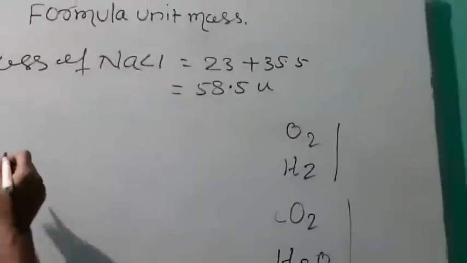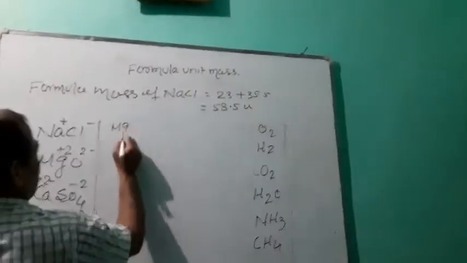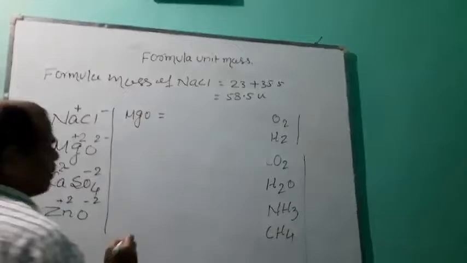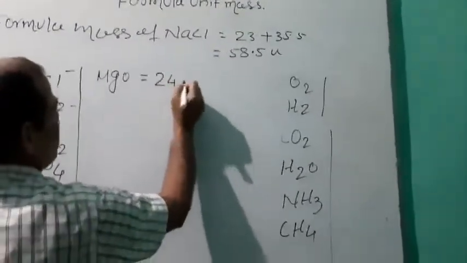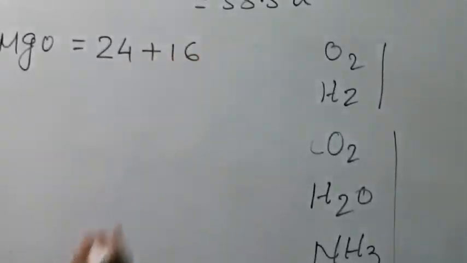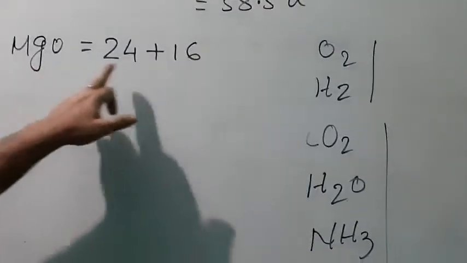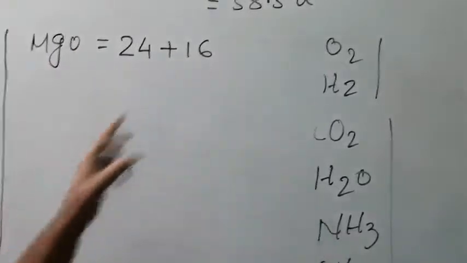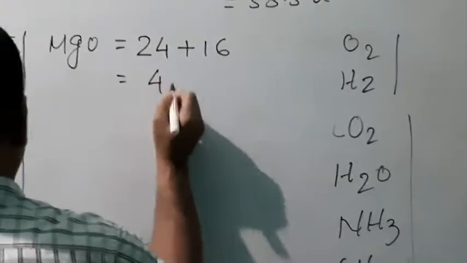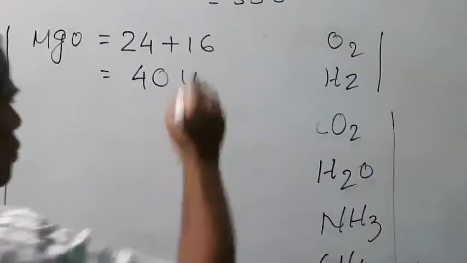Similarly, formula unit mass of MgO: Mg 24 plus 16. Magnesium has atomic mass 24 and the atomic mass of oxygen is 16. So this equals 40 u.